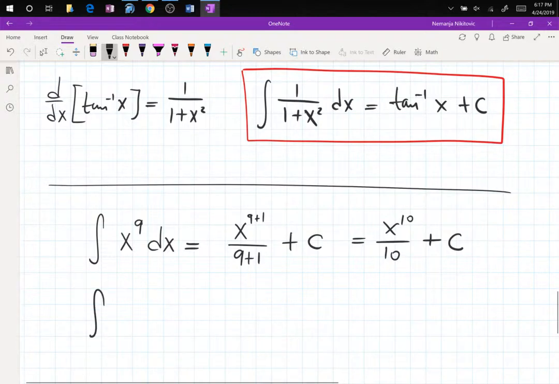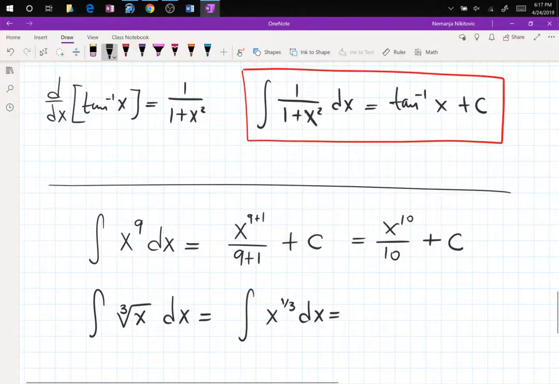What is the integral of cube root of x dx? Yes, we first rewrite this as x to the 1/3 dx, and then we follow our rule, and the rule is x to the 1/3 plus 1 divided by 1/3 plus 1 plus c.